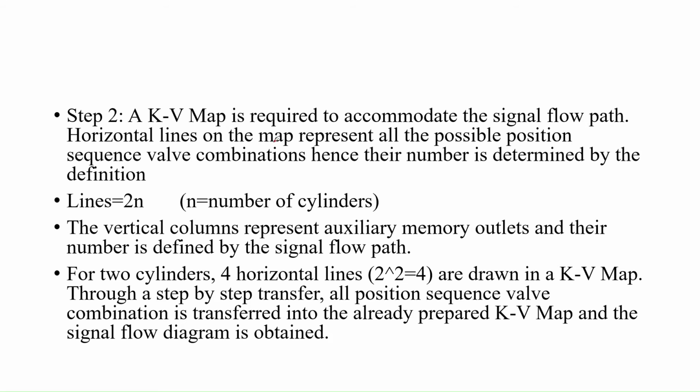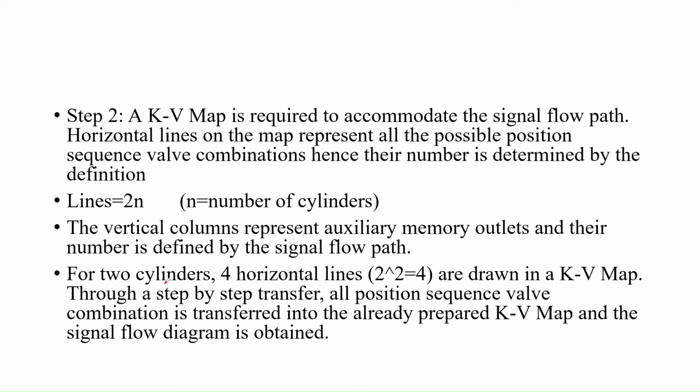The next step is to draw a KV map. How can we draw a KV map? We draw it with horizontal and vertical lines. The number of horizontal lines required is 2 raised to n, or 2^n, where n is the number of cylinders.